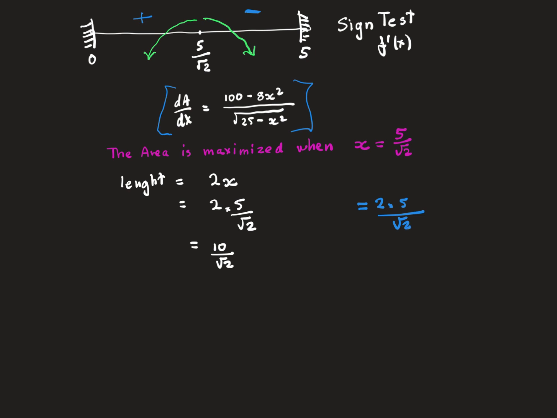I could rearrange the 2 and change it for root 2 multiplied by 5 over root 2, which gives me the ability to cancel this out, and that leaves me with 5 root 2. So you can see that I've got this in a different form. The answer is either 10 over root 2 or 5 root 2. They're exactly the same.